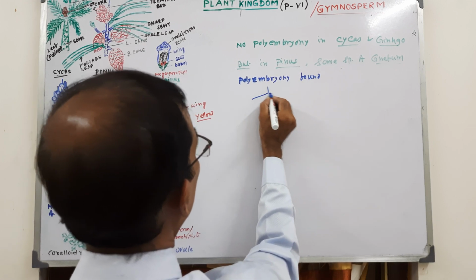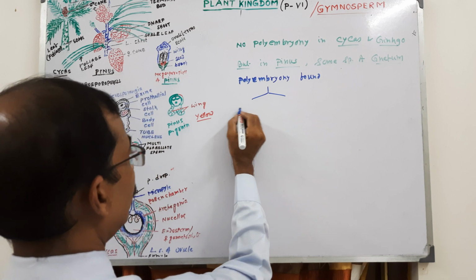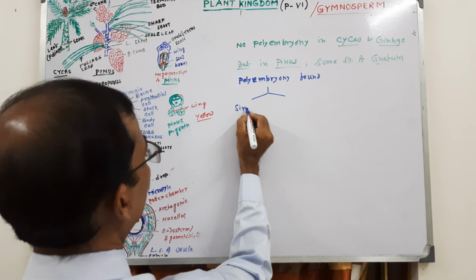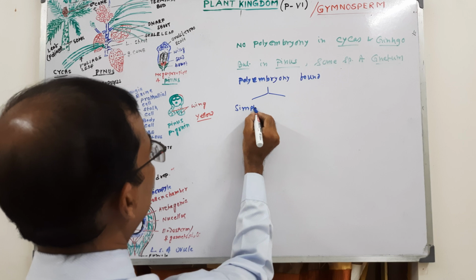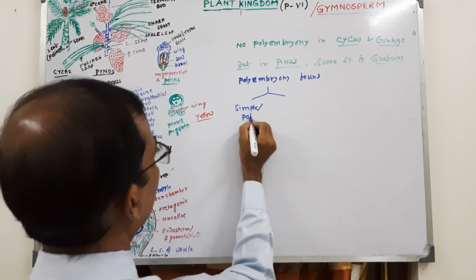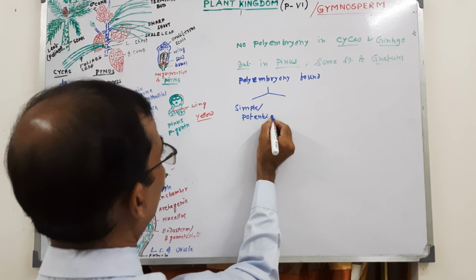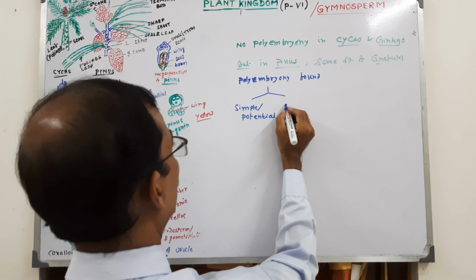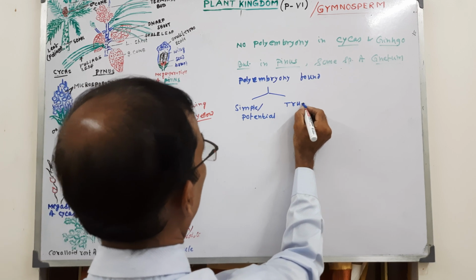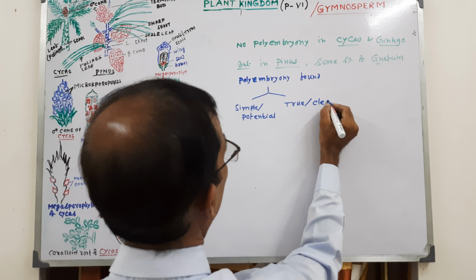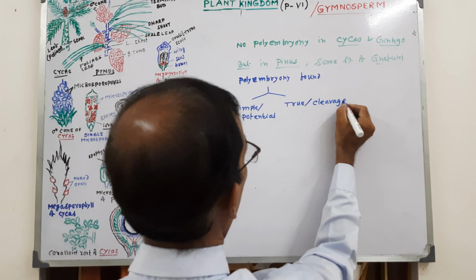Polyembryony is of two types: simple or potential polyembryony, and true polyembryony or cleavage polyembryony.